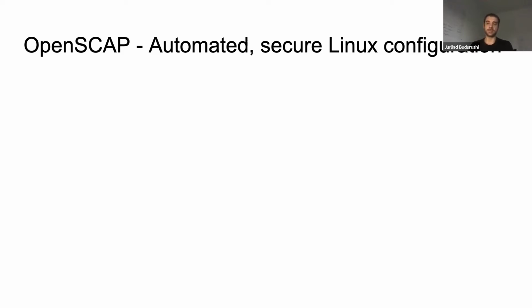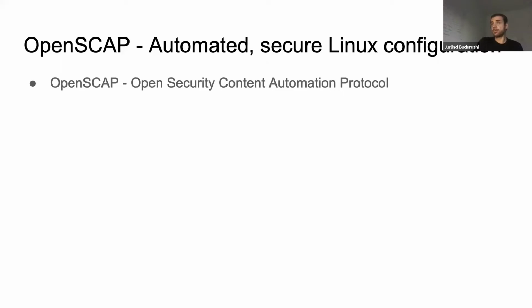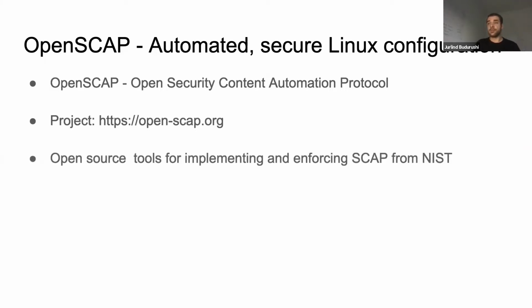So OpenSCAP is the open source version of it, and it's called Open Security Content Automation Protocol. You can find the project at https://openscap.org. It provides tools for implementing, executing and enforcing the protocol and the configurations, which you can implement as XML files. We'll talk about it later, and we will see it in the demonstration.